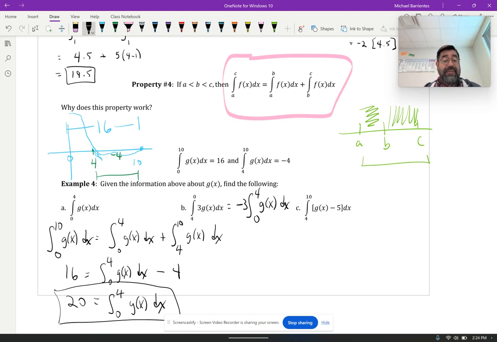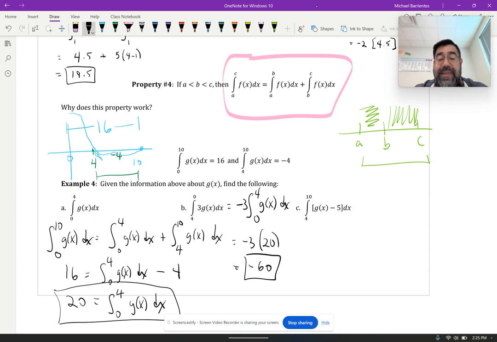Oh, but we figured out the integral from 0 to 4 in part A. So then really this is just negative 3 times 20, and that would be negative 60. Done.